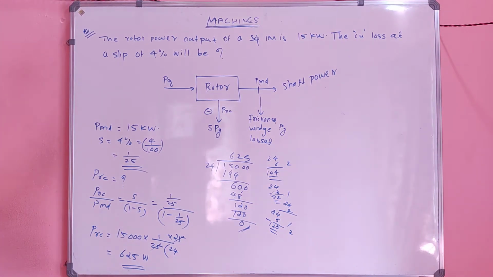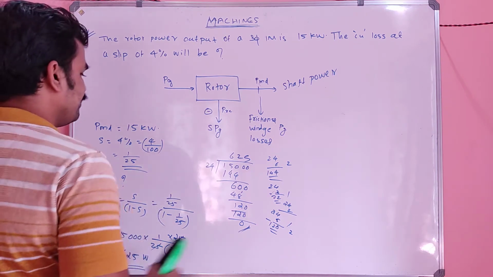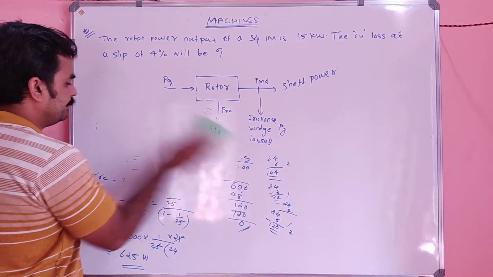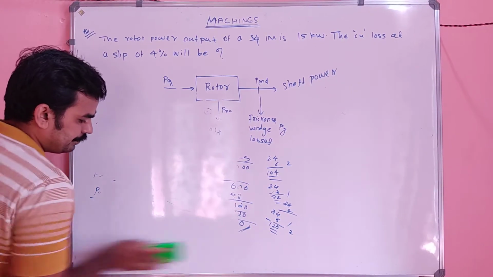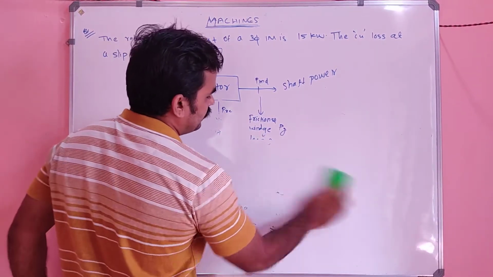Otherwise, you may get stuck somewhere and can't move. Is it clear? Can we go to the next problem? This PRC is nothing but rotor copper loss, correct?